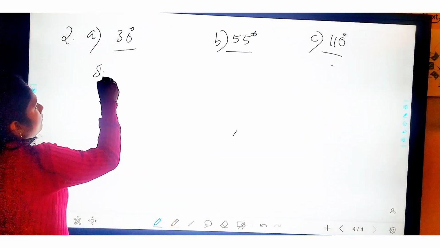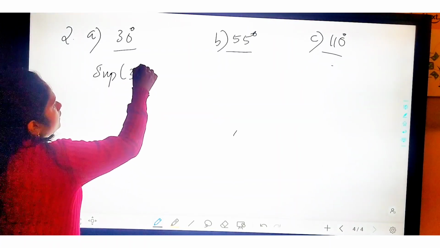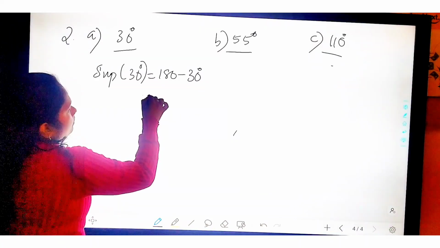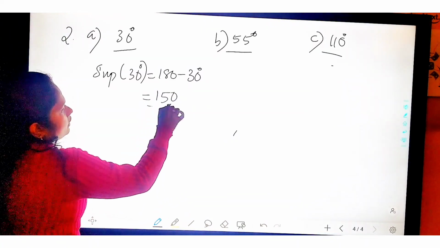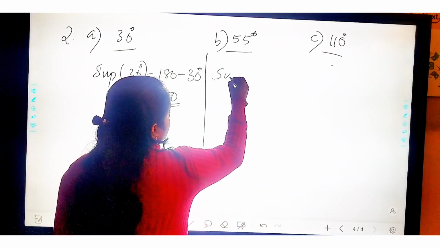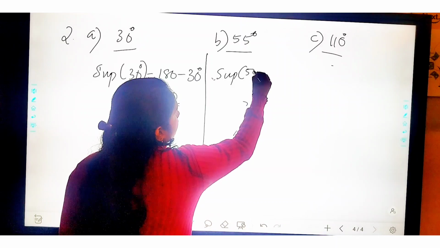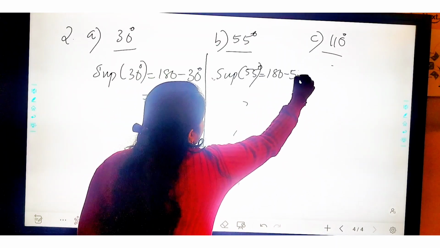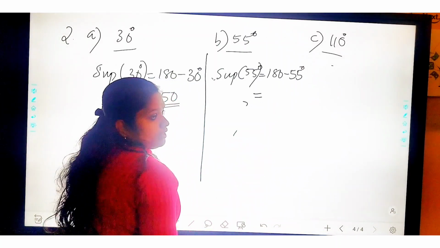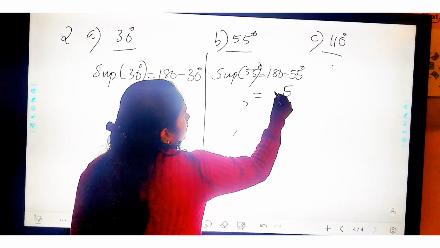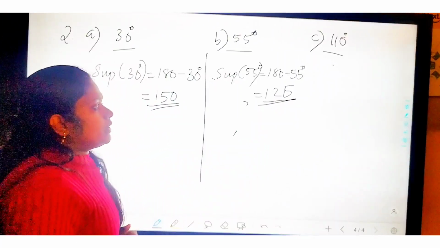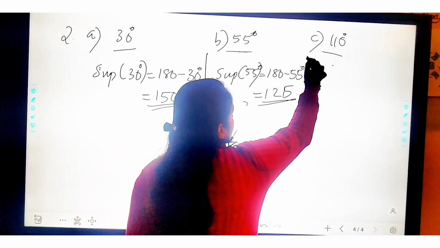Then the supplement of 30 degrees equals 180 minus 30, that will be 150. That is the supplement. Then another one is the supplement of 55 degrees equals 180 minus 55, that will be 125 degrees. 125 degrees is the supplement of this one.